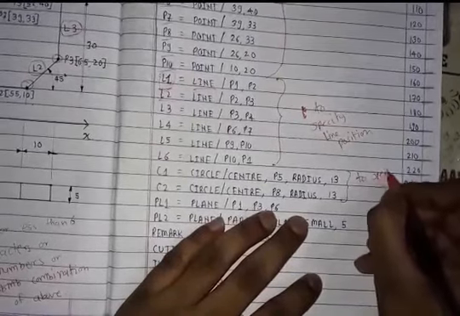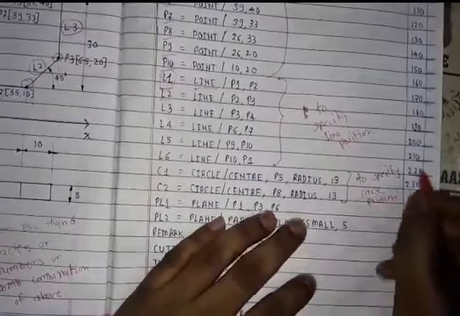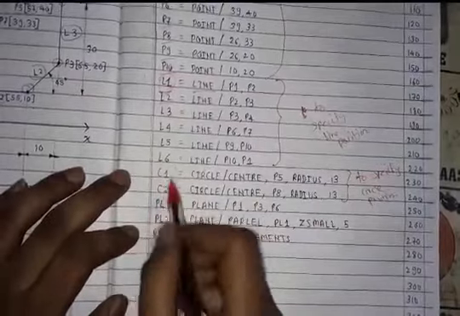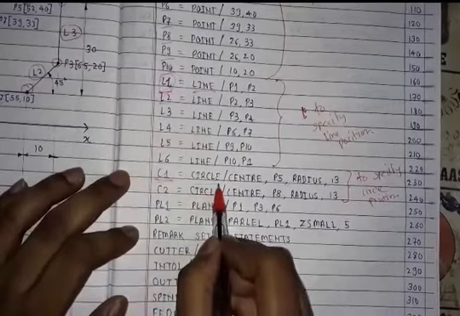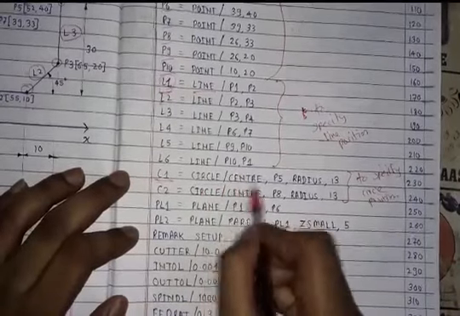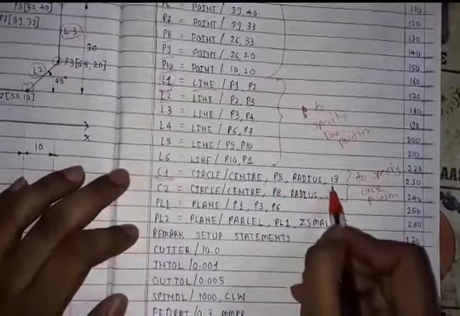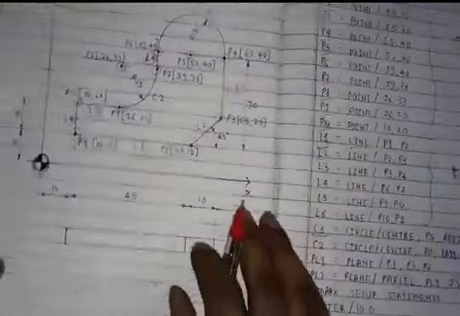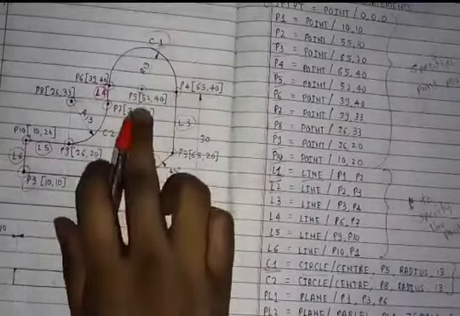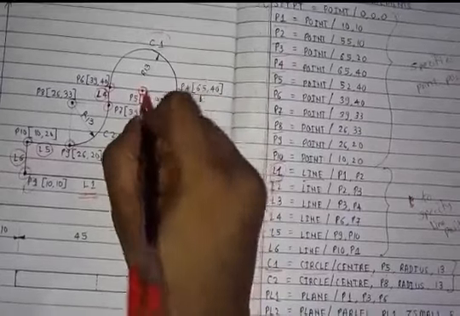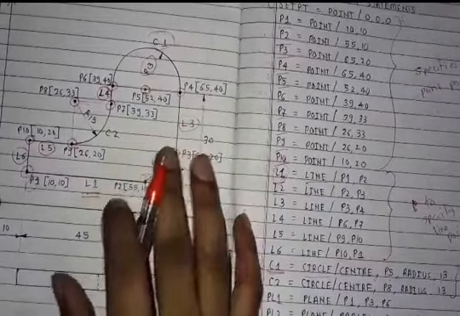To specify circle position, the statement is C1 is equal to CIRCLE/CENTER,P5,RADIUS,R3. Here the circle is C1, P5 represents the center of the circle and R3 represents the radius of the circle.